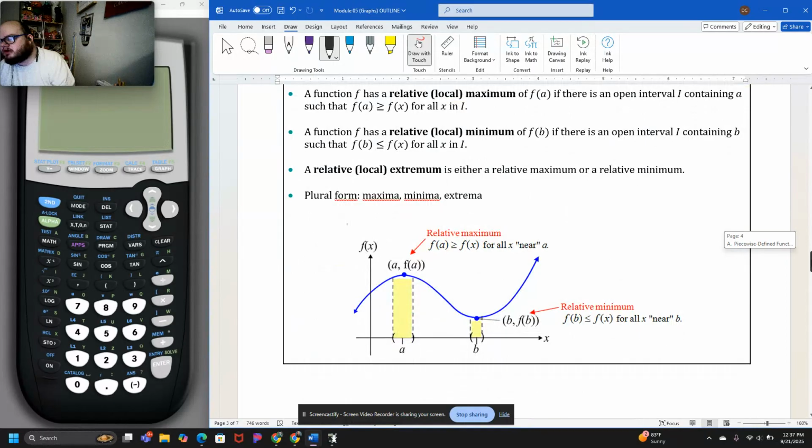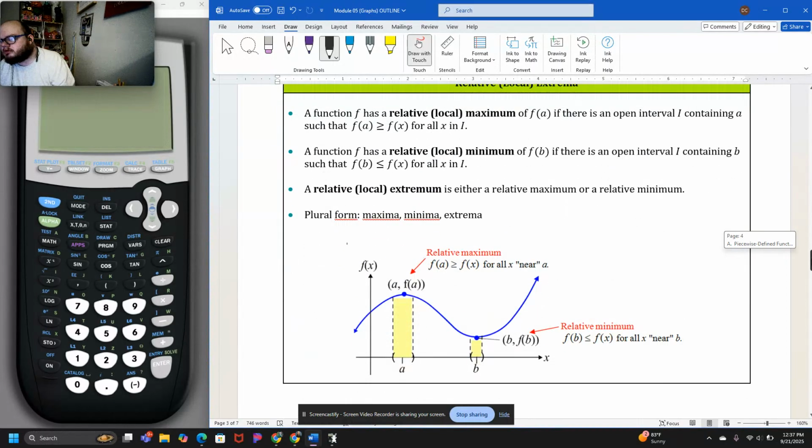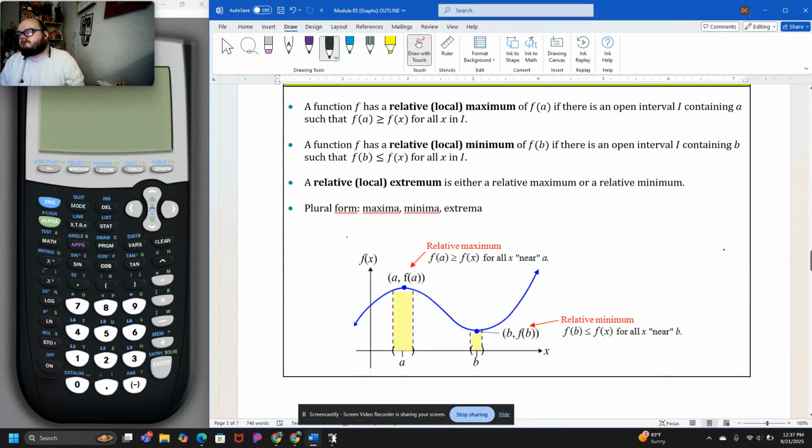Alright, so you've got relative local extrema. A function f has a relative local maximum if there is an open interval containing a. That's right here. That means that over this time chunk right here, this is the maximum value, is basically what that's saying.